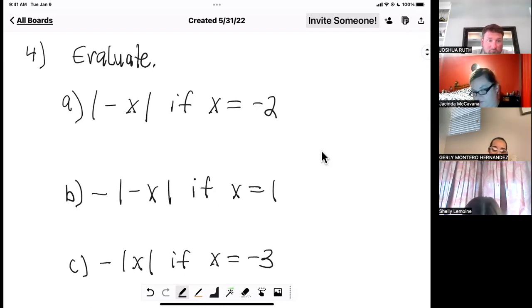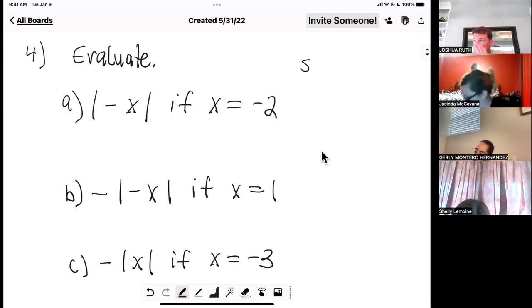A little bit of algebra sort of kind of going on. All 3 of these are absolute value, not parentheses.